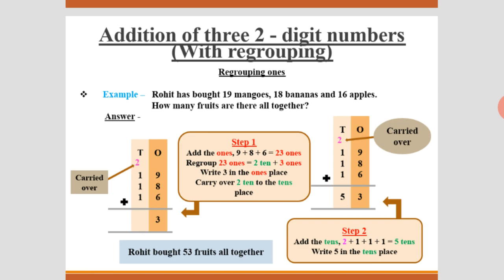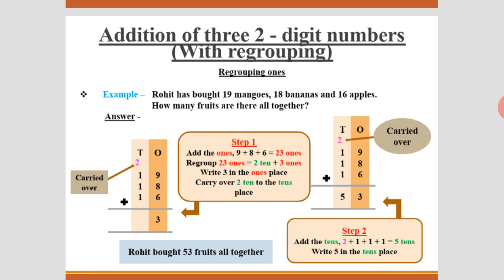Look at step 1. Sum of the ones digits is 9 plus 8 plus 6, which is equal to 23 ones. Regroup 23 ones, that is 2 tens and 3 ones. Thus write 3 in the ones column and carry over 2 tens to the tens column. Now step 2.